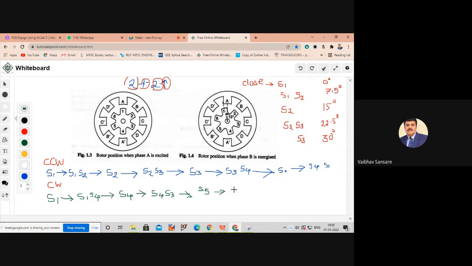Then keep S3 in closed condition, close S2. Next open S3, keep S2 in closed condition. Next, keeping S2 in closed condition, close S1. Next, open S2, keep S1 in on condition and follow the same switching sequence so that the rotor will rotate in clockwise direction by an angle of 7.5 degree.